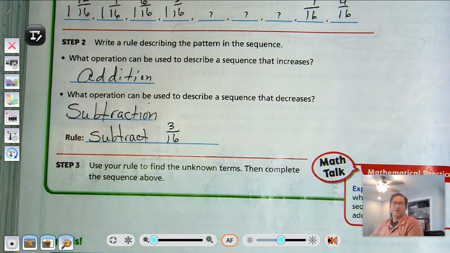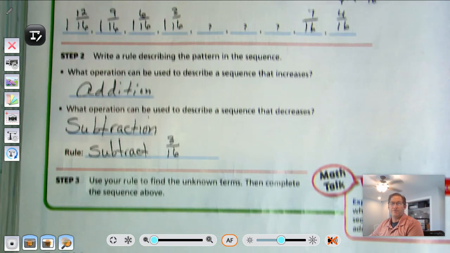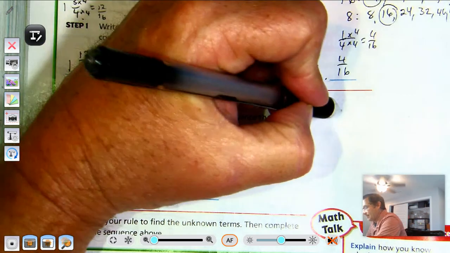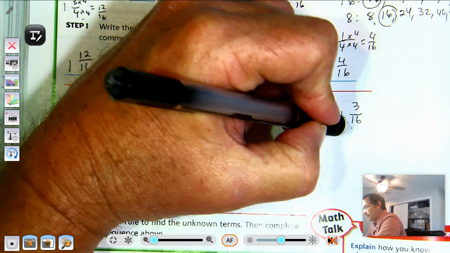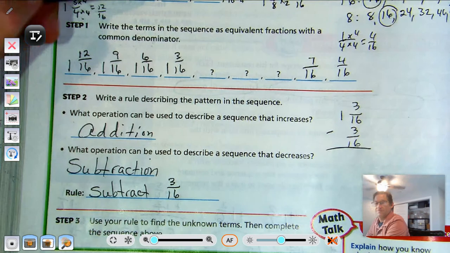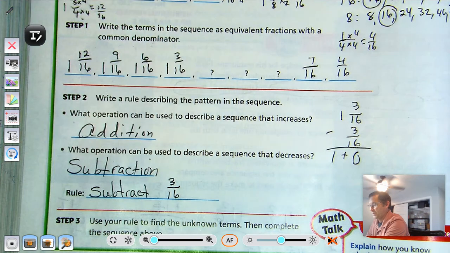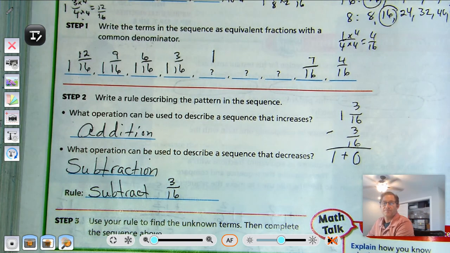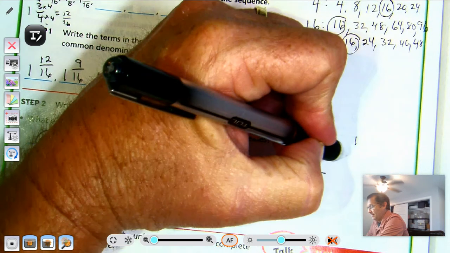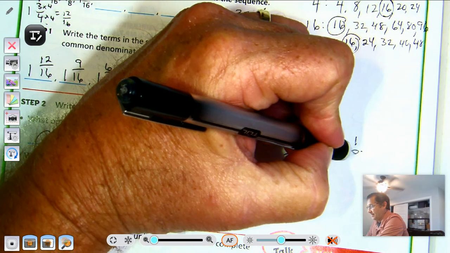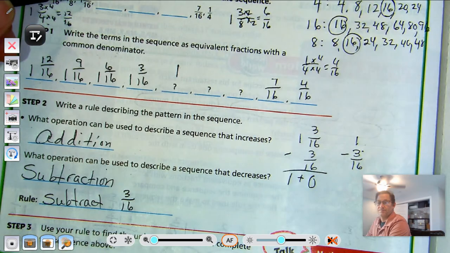Use your rule to find the unknown terms, then complete the sequence above. All right, so 1 and 3/16 minus 3/16. Well, 3/16 take away 3/16 is 0. So 1 plus 0, 1. Now we have 1, and we're going to take away 3/16.